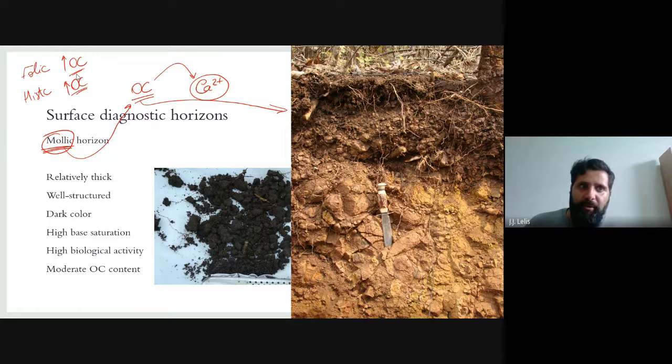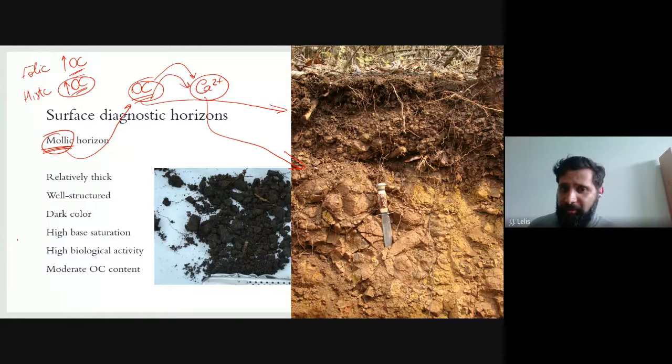The stagnation of water, or the water table, or the tidal water favor the accumulation, the increase of organic carbon content. In this case, we have the action of calcium. So the mollic horizon is generally related to parent materials that present a high content of calcium.